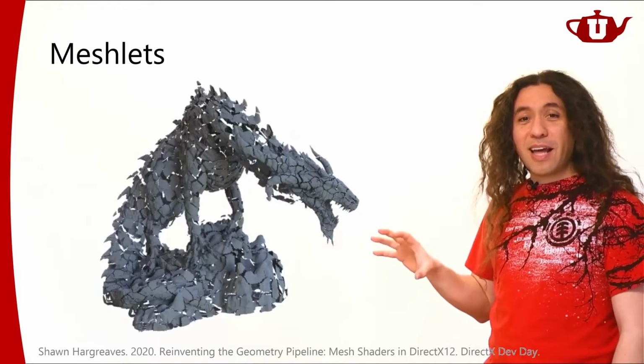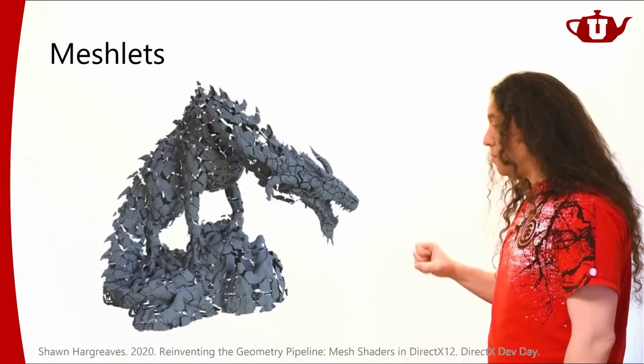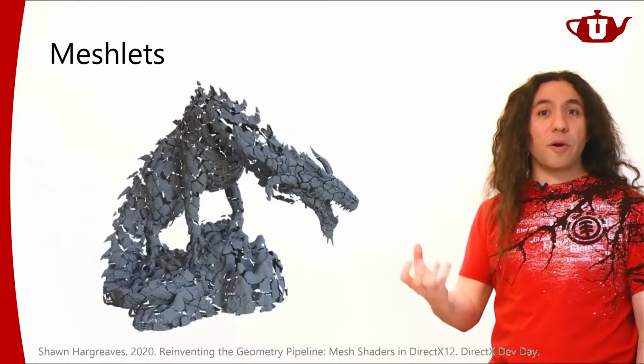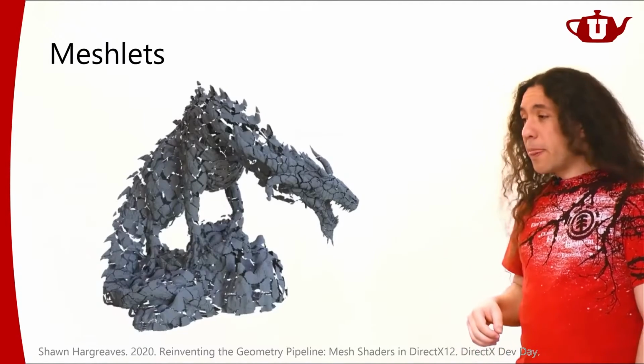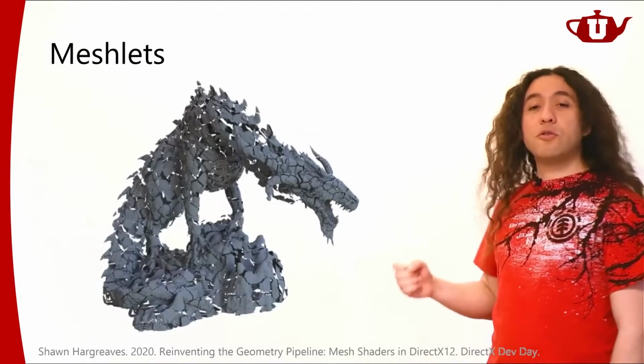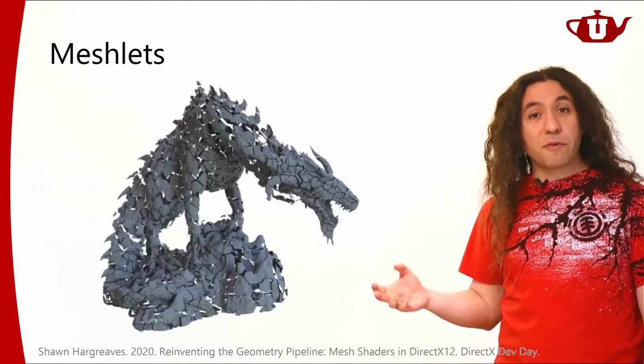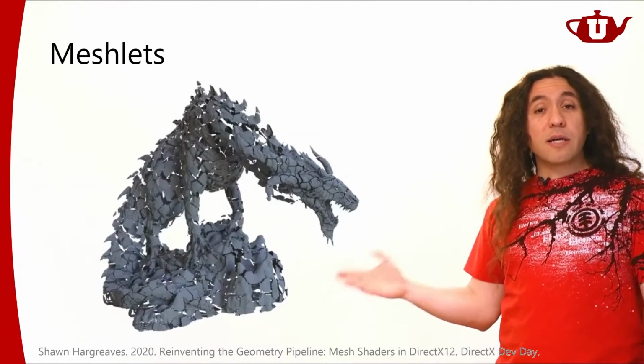Then each one of your mesh shaders would operate on one of these meshlets, and so you can do things that you couldn't do with the regular graphics pipeline. For example, you can do very early culling.